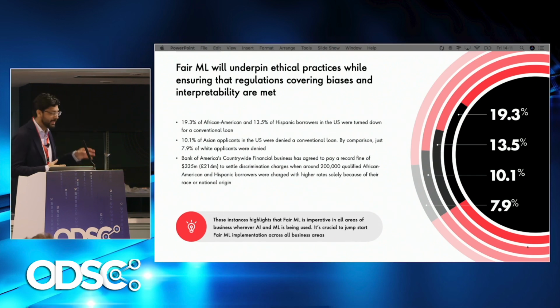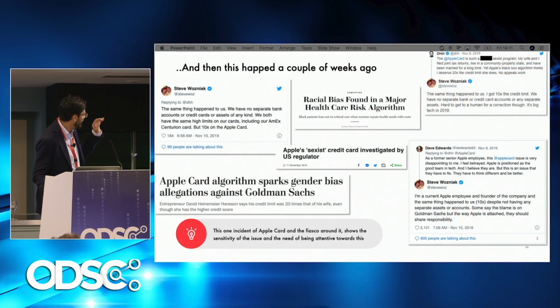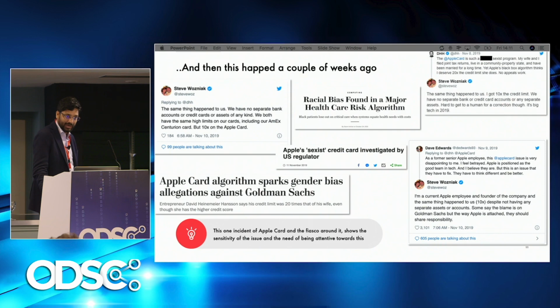And this is a very recent thing which happened. And if you want something more recent, here it goes. A few weeks back, Apple Card was found to give a lower credit limit to women than men. These are the actual tweets, and this person, Steve, who actually works at Apple, was kind of a whistleblower.